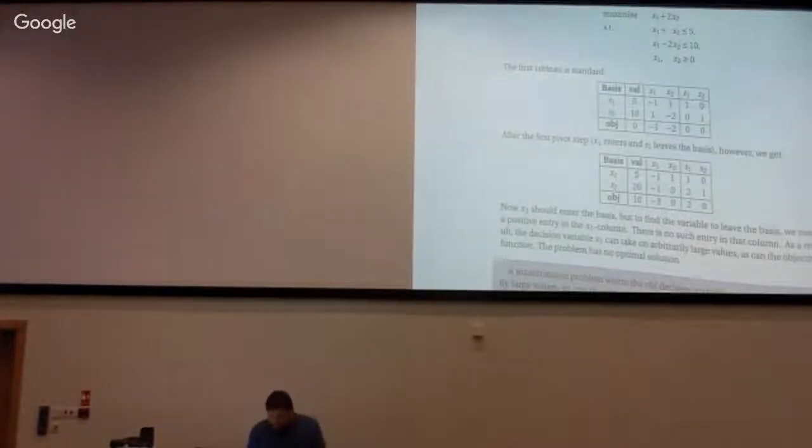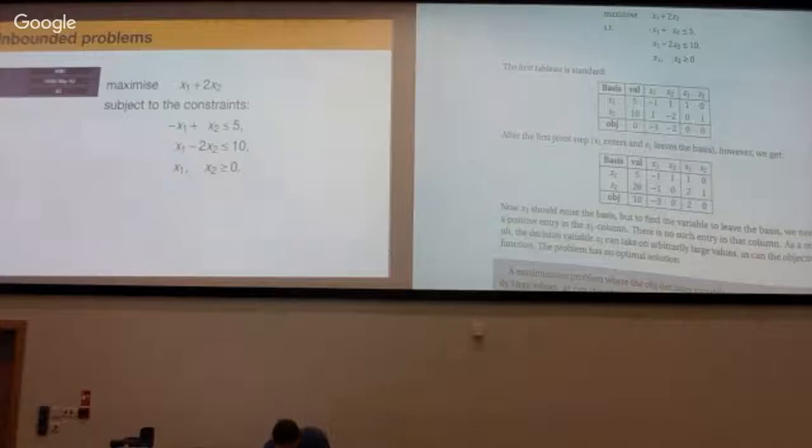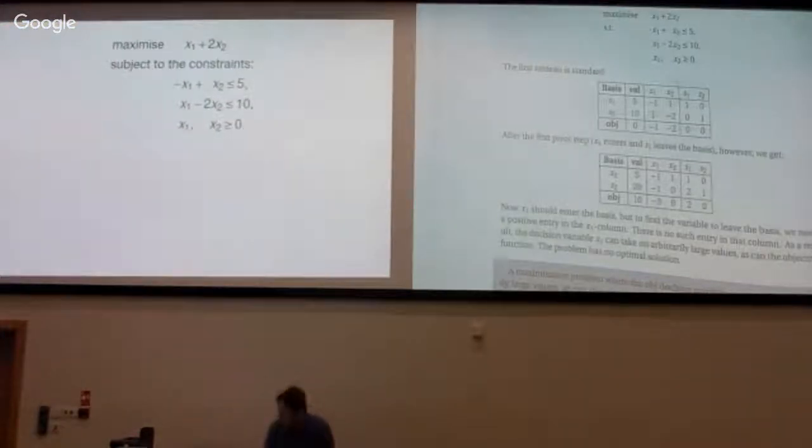Okay, I'll just write it down. In the second tableau, there is a negative entry in the objective row, but no positive entry above it.